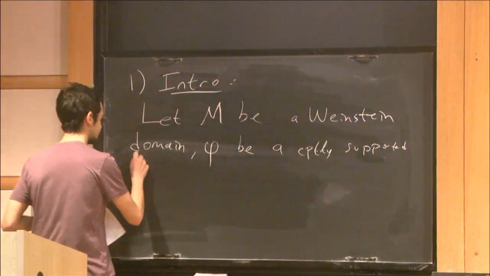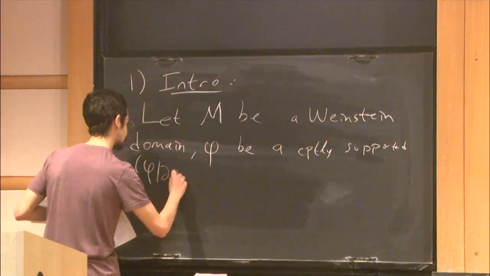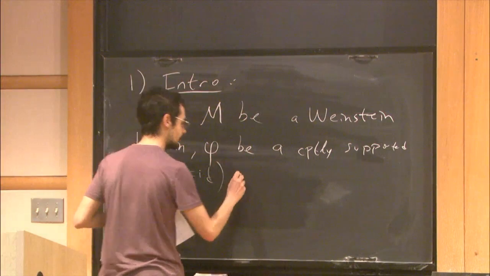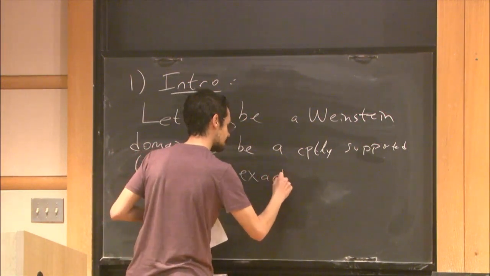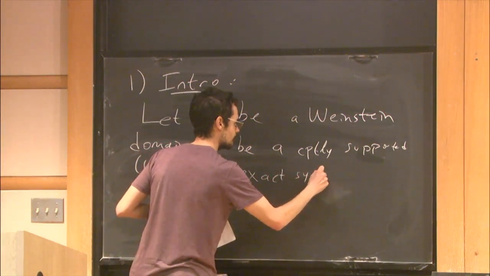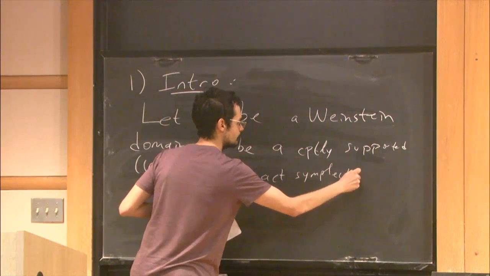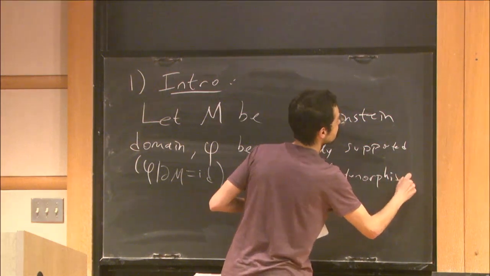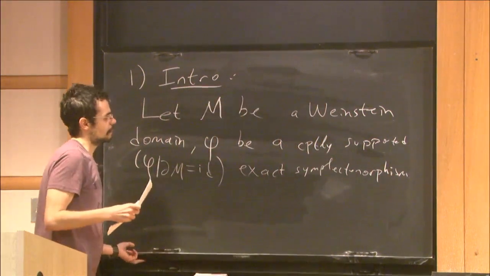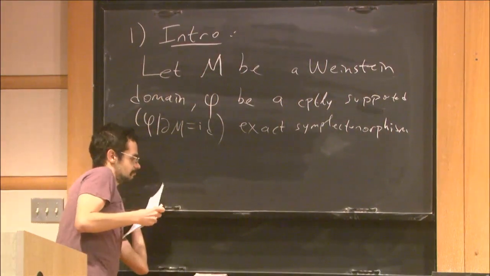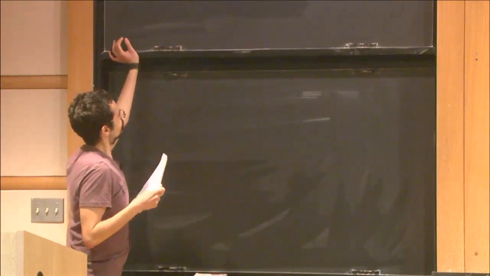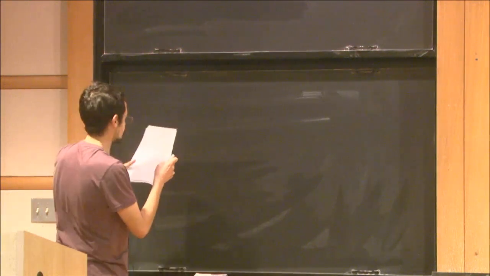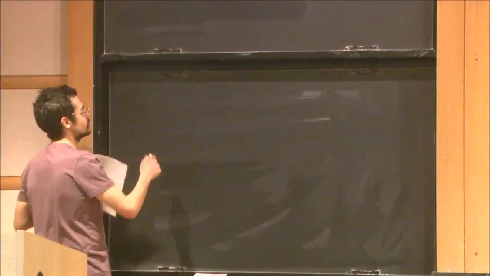Compactly supported just means it acts as identity near the boundary of M. So let me first give a predefinition.